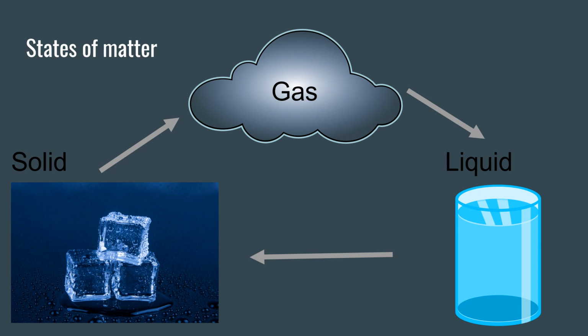All right, going the other way. So we've got our three states of matter. We've got solid, gas, and liquid. So if I have a solid and it becomes a gas, do you think it's going to be gaining energy or losing energy?